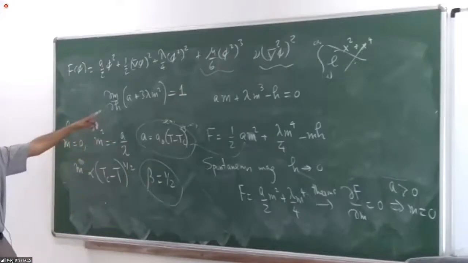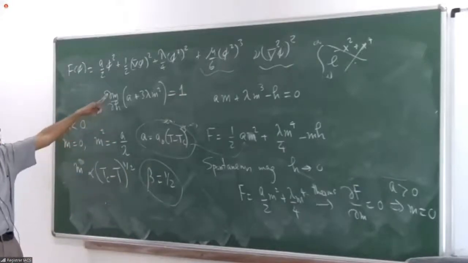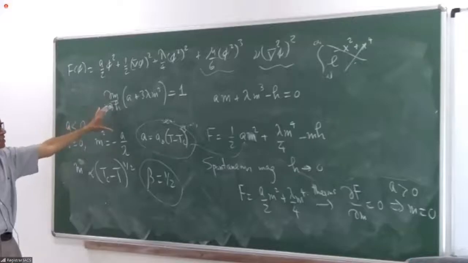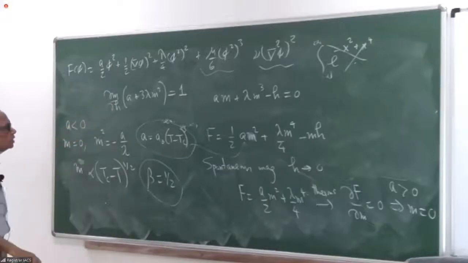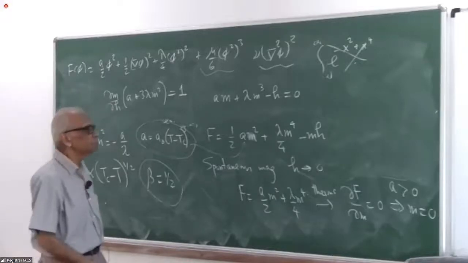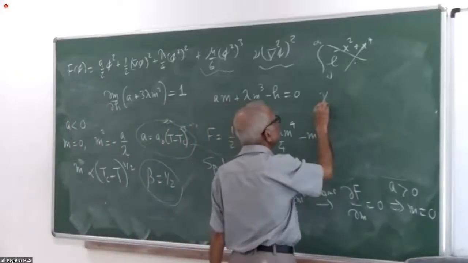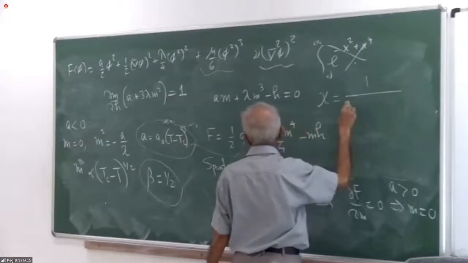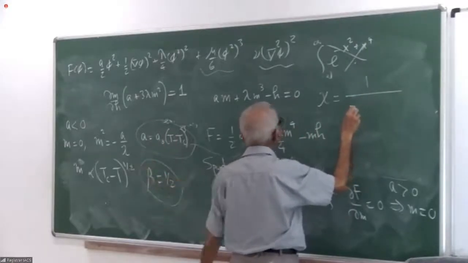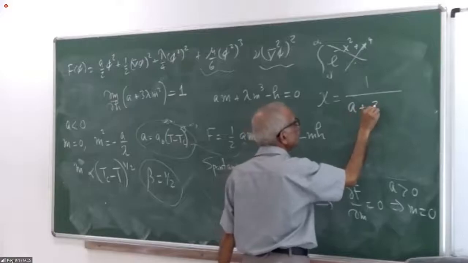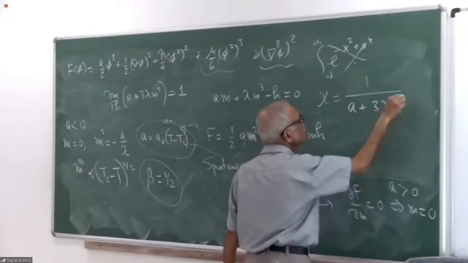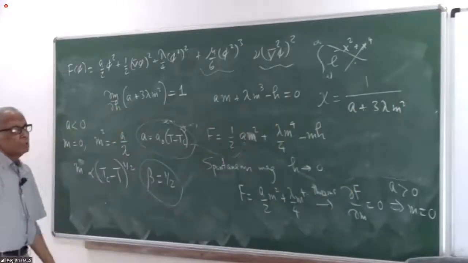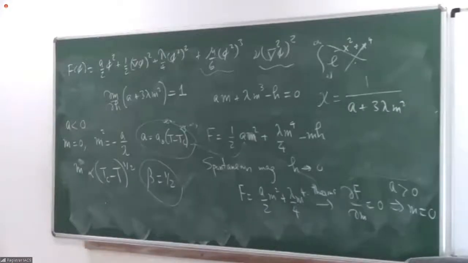This is the zero field susceptibility. Chi is equal to 1 divided by a plus 3 lambda m squared, the linear susceptibility.